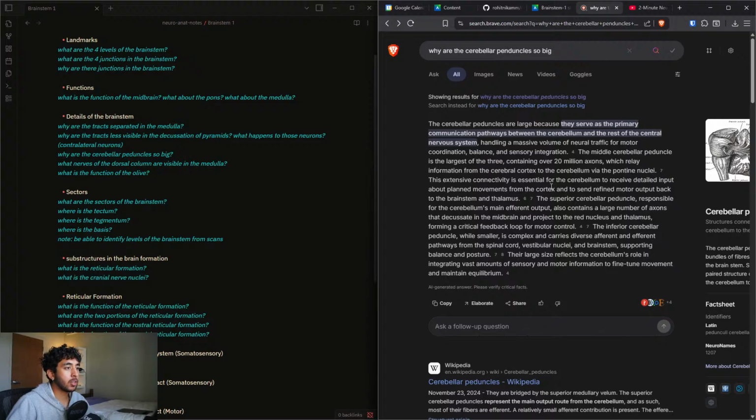Okay, so it's just the primary, or one of the first areas in which the cerebrum connects to the central nervous system.